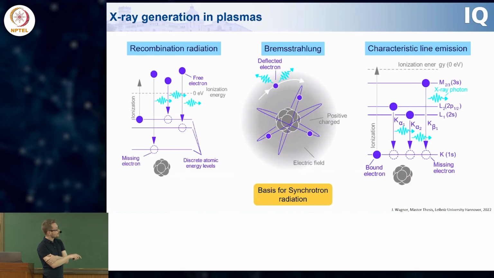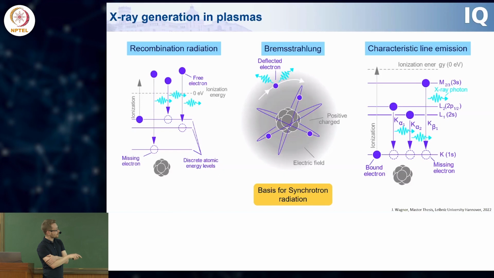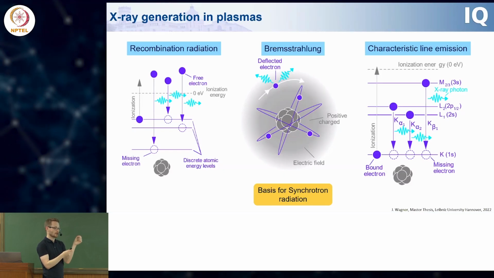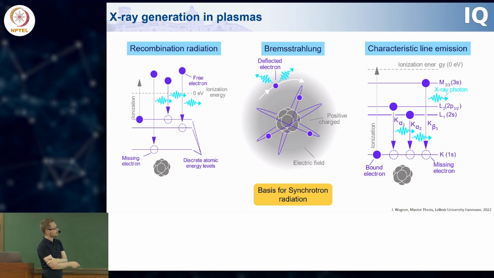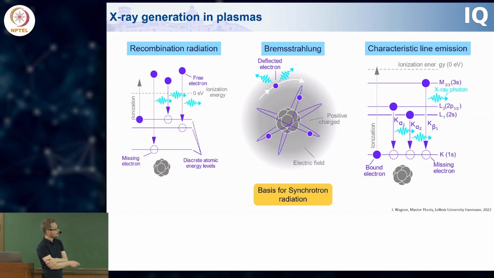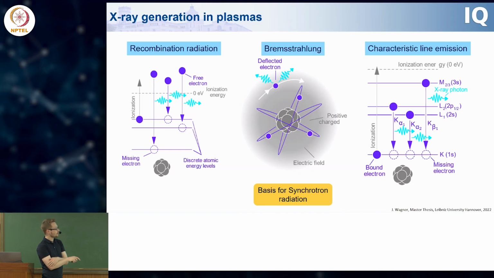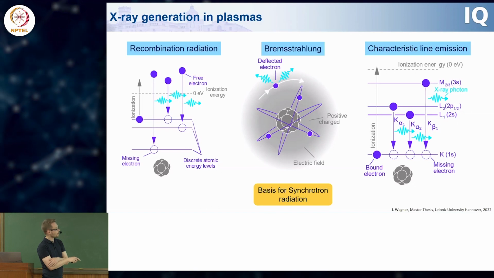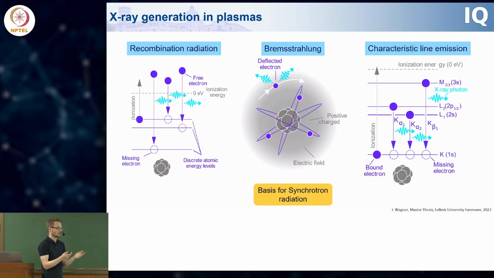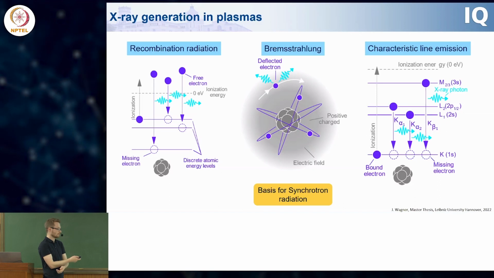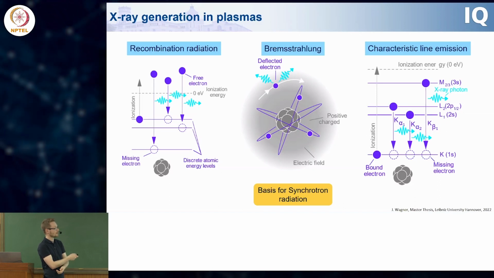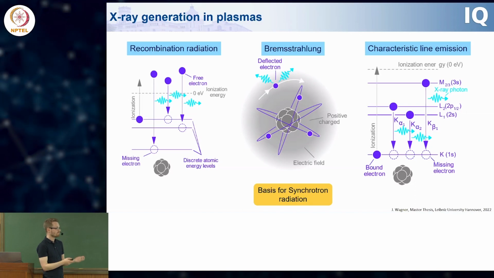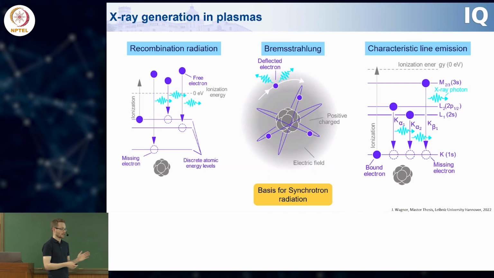First is the characteristic line emission, which is based on the copper K alpha line in that case. So it's like an inner shell transition of copper. And the other one is Bremsstrahlung, which is just based on the electrons being disturbed by the atomic potential, therefore making a curve, and an electron that makes a curve in a field changes velocity and therefore emits radiation, which happens to be then in the 5 to 10 kilo eV range.